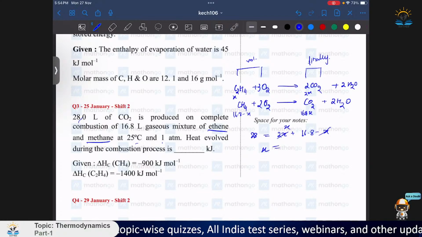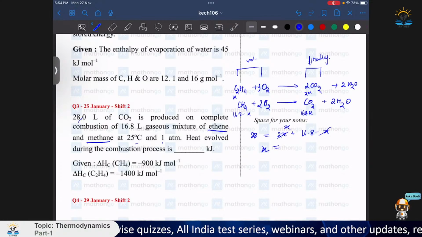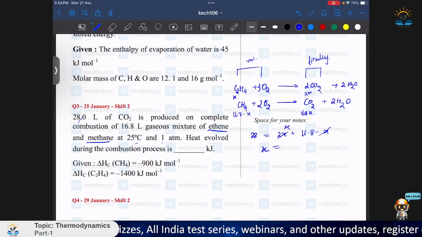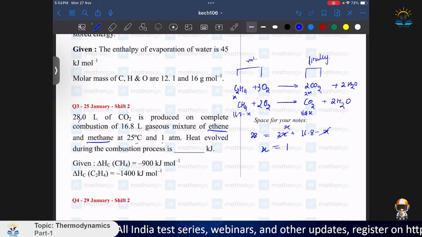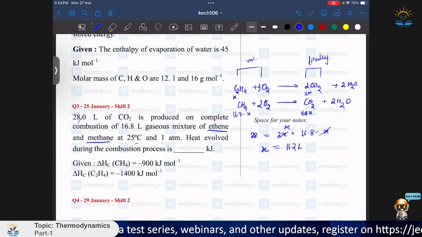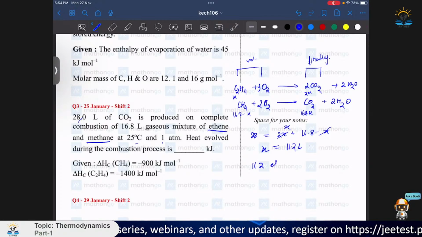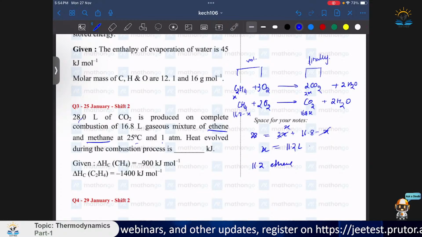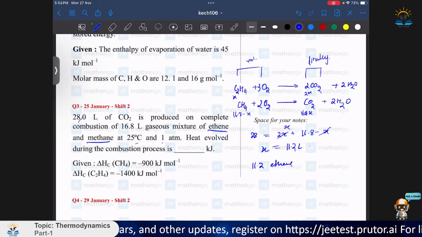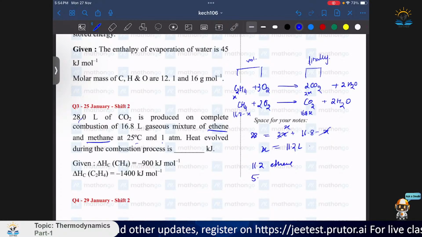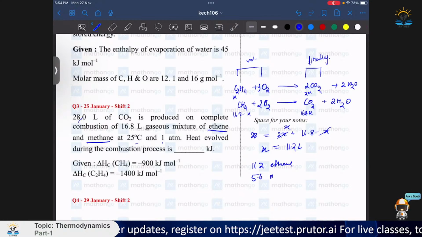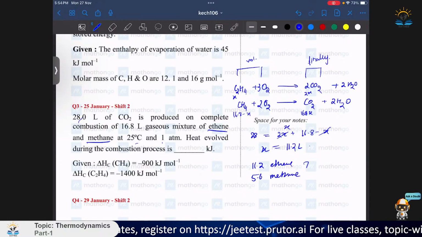So from here x will come to be 11.2 liters. So 11.2 liters ethene and the rest, 5.6 liters, methane. This is the composition.